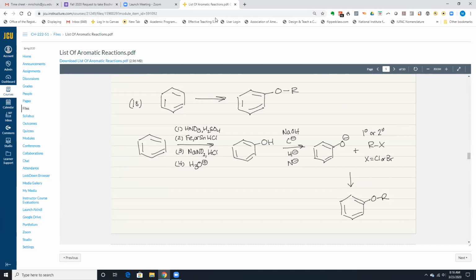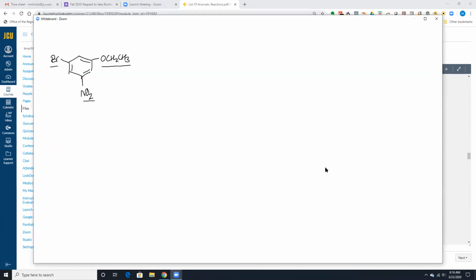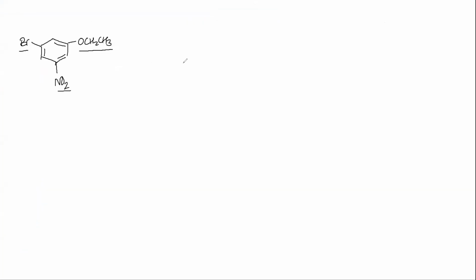If we go back to that problem, and if something doesn't make sense, go ahead and jump in and yell. First of all, we need to put our OH group on the ring, then convert that to an O minus, and then react that with ethyl chloride, since I'm putting an ethyl group on the ring.